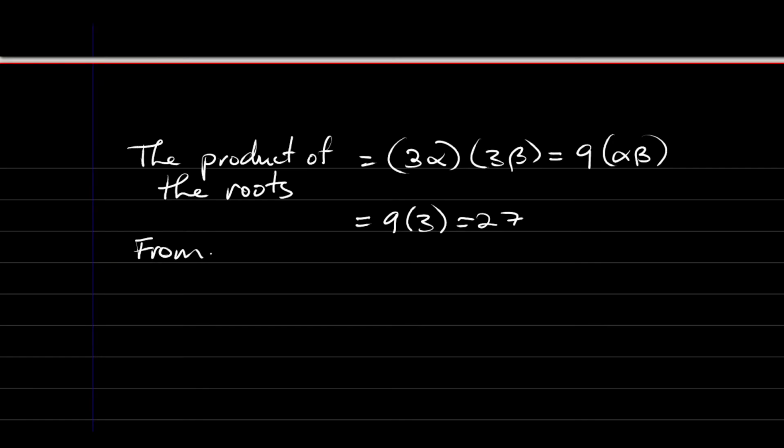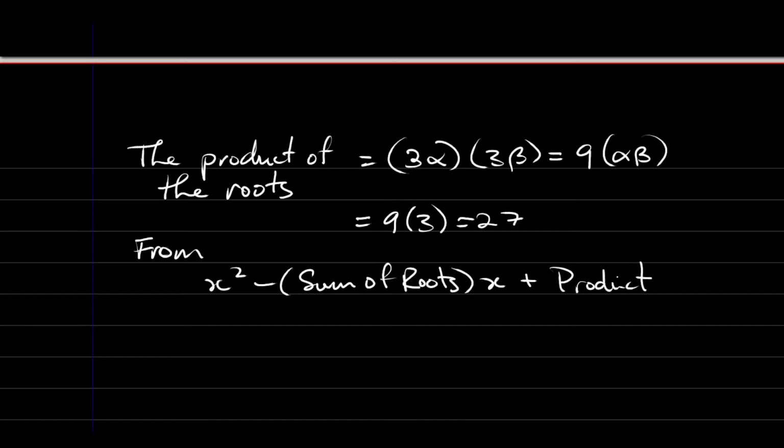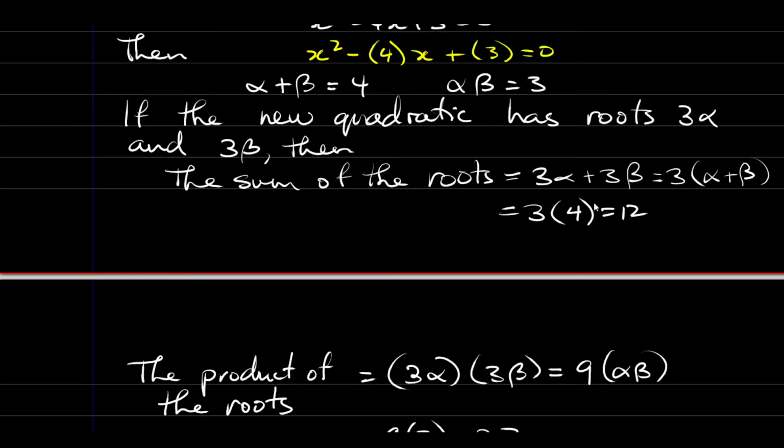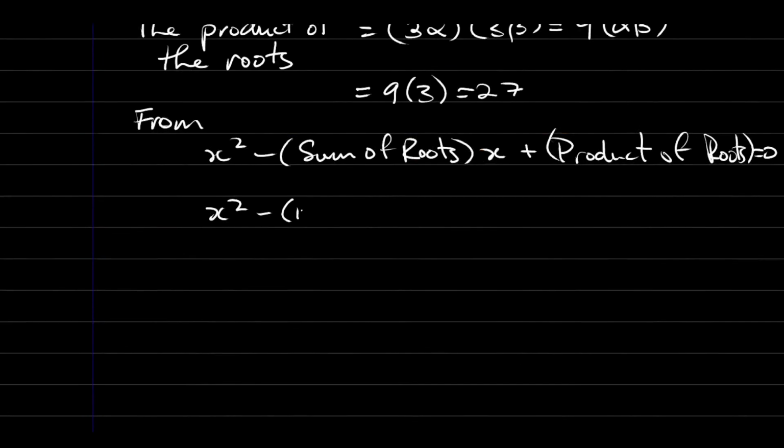From x squared minus sum of roots x plus product of roots equals 0, we can say that x squared minus the sum of the roots, which is 12, 12x plus 27 equals 0.